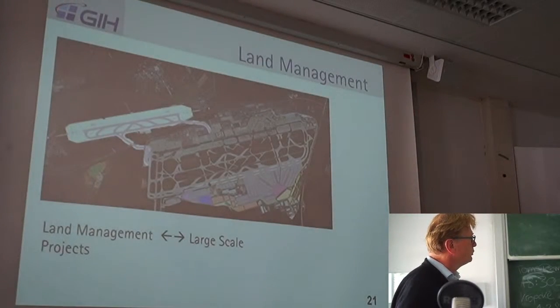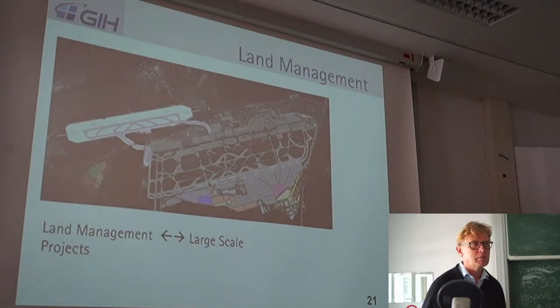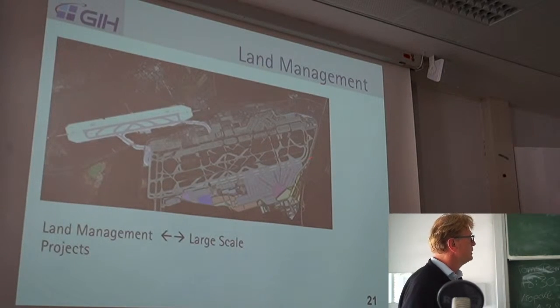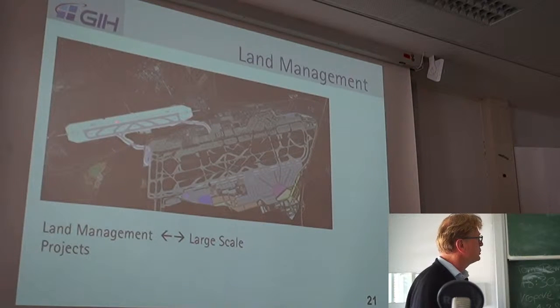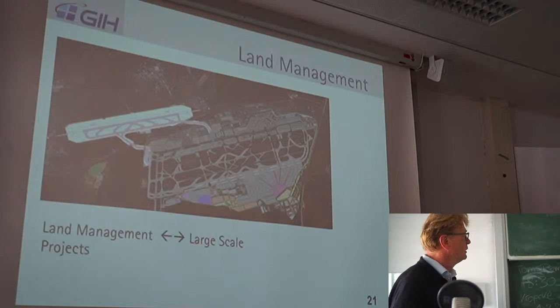Of course, you also need a lot of land for public infrastructure. Here is the extension of the Frankfurt airport with this new runway for landing, which needs 300 hectares of forest in this case.